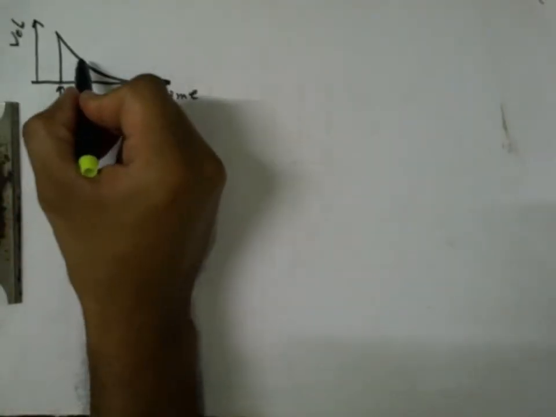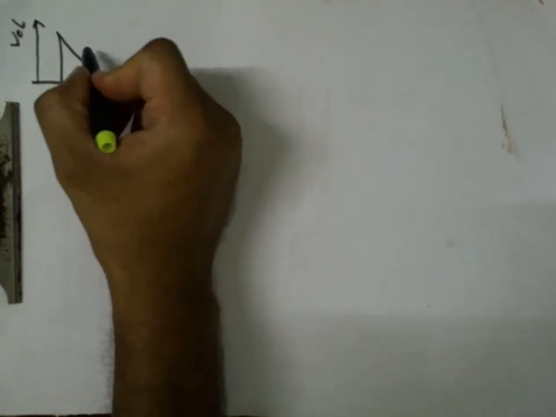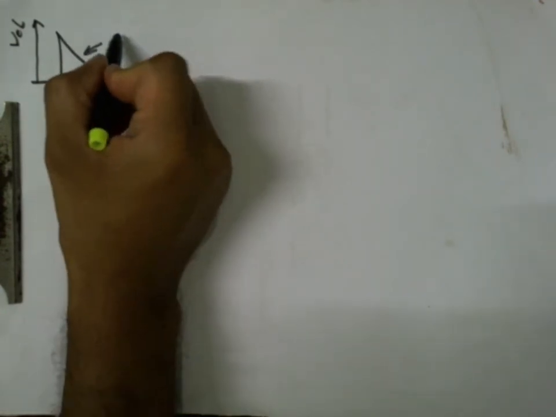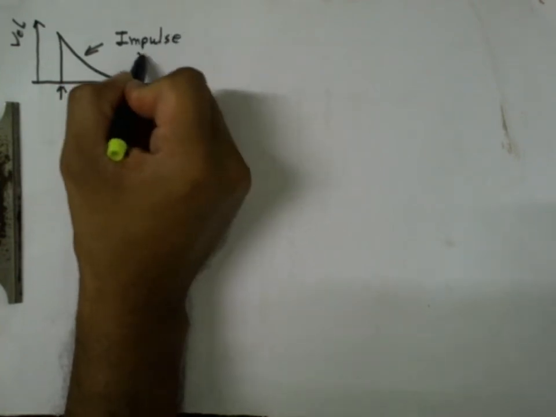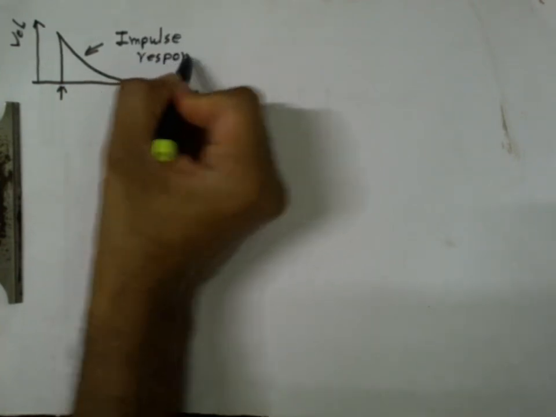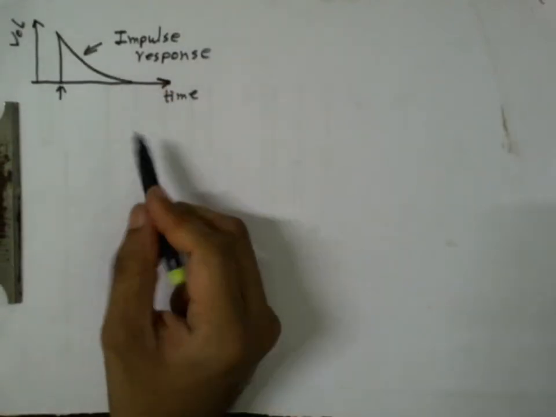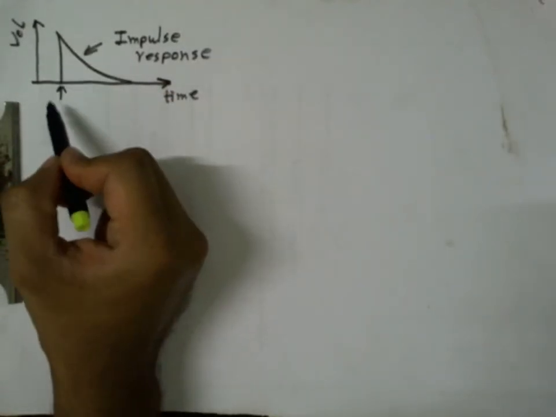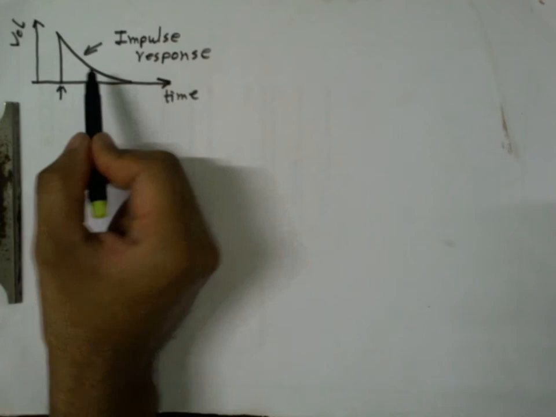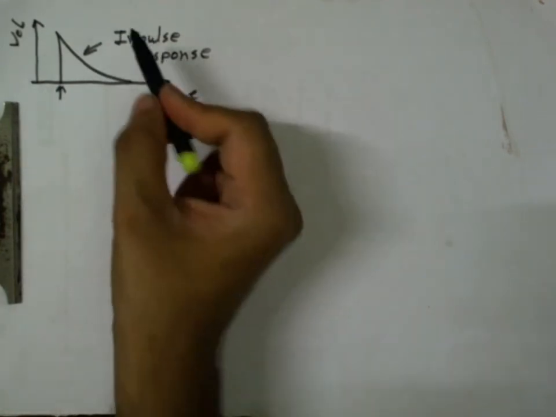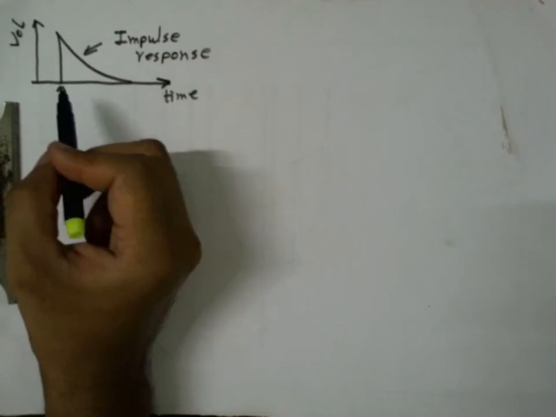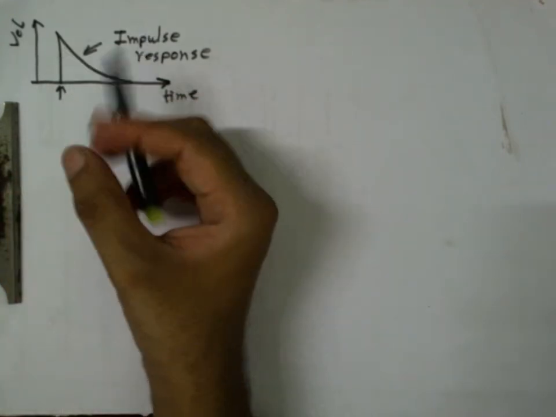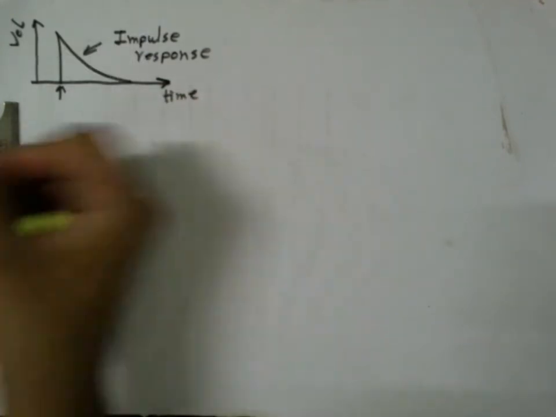Okay, and we also say that this is called an impulse response, because this is how the rocket responds against the impulsive force generated by the gas thrown out from the jet engine.